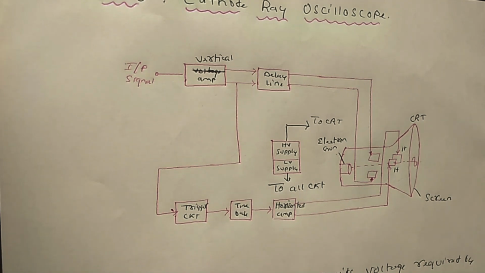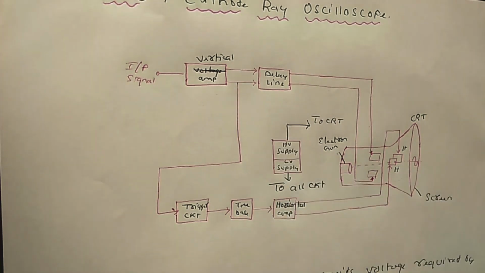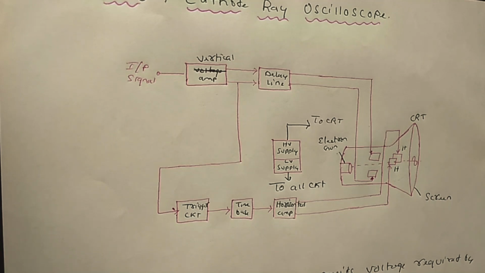Then what is the triggering circuit? The triggering circuit is used to convert the input signal into a trigger pulse, so that the input signal and the sweep frequency can be synchronized. Now what is the sweep frequency? An oscilloscope has a sweep generator internally that generates a repetitive ramp wave, which is applied to the horizontal deflecting plate to deflect the electron beam from max to min amplitude, corresponding to max to min sweep.